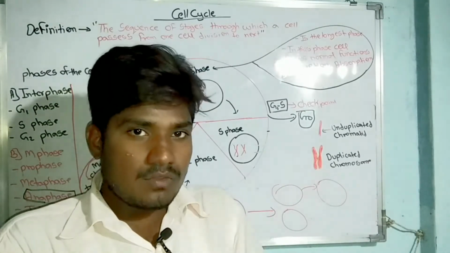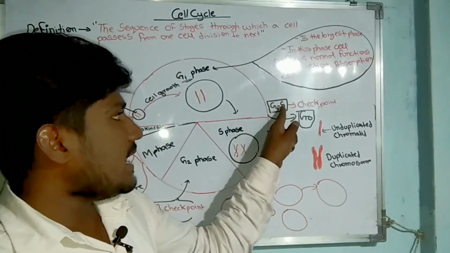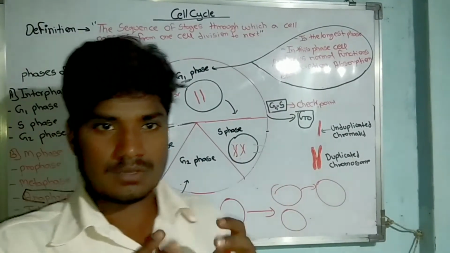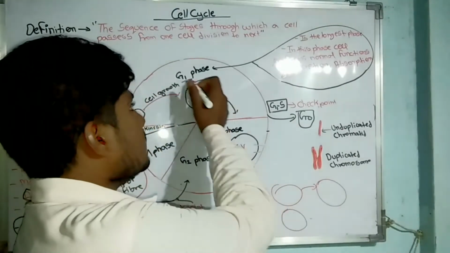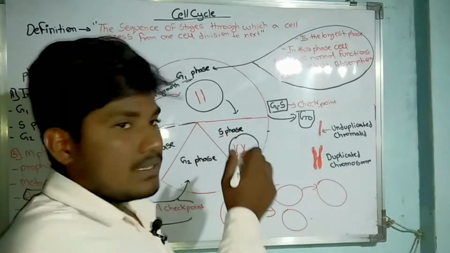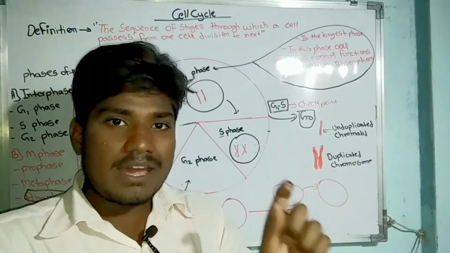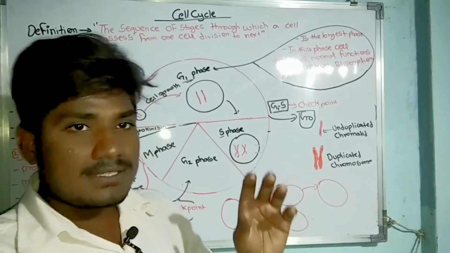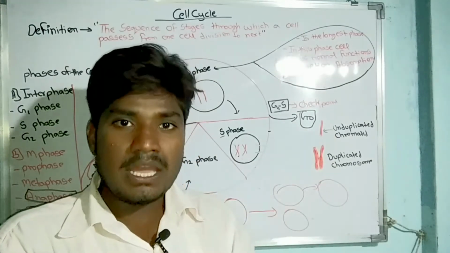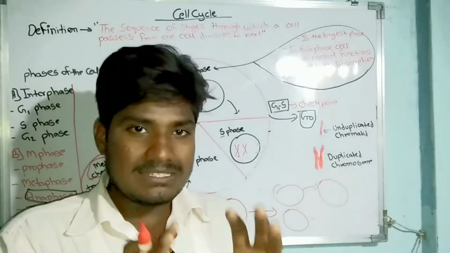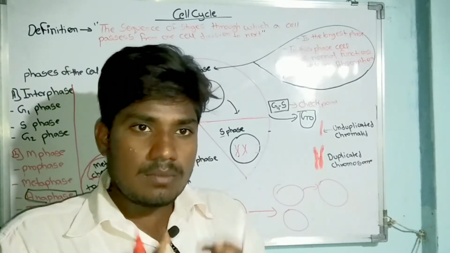Okay, so first of all, let's understand the function of the G1/S checkpoint. Suppose a cell is entering from G1 phase to S phase, then it will have to fulfill some requirements: the cell should have a large enough size for the cell division, it should have proper genetic material, and the environment should be favorable.